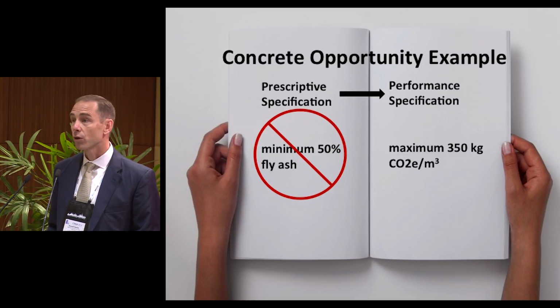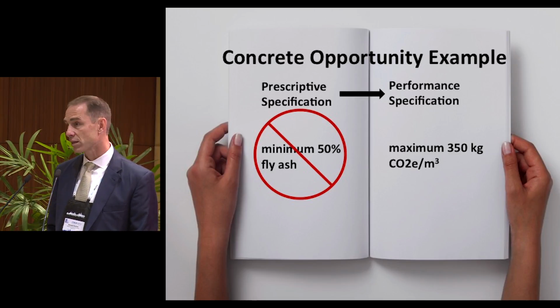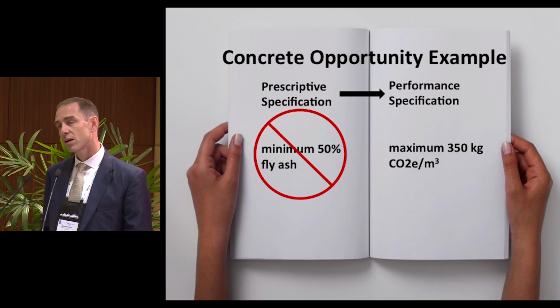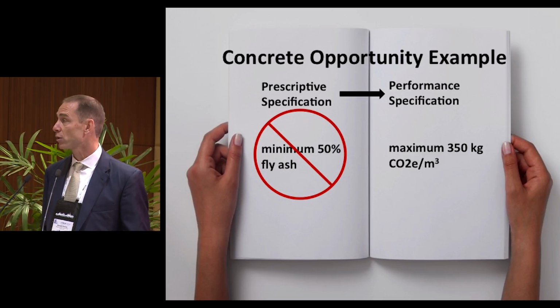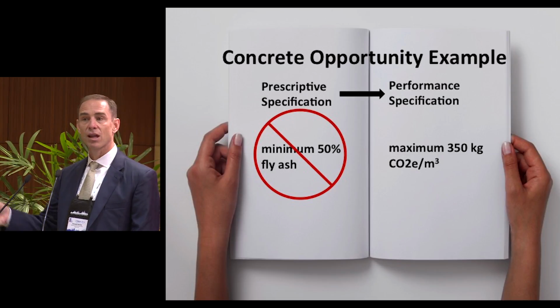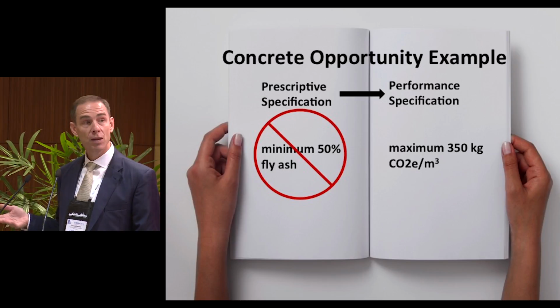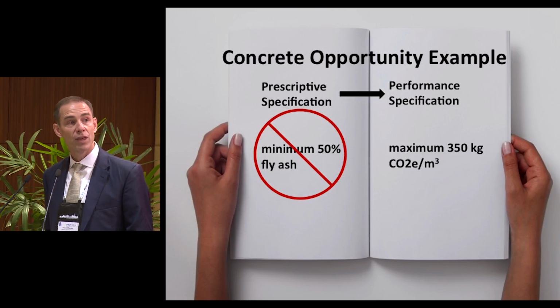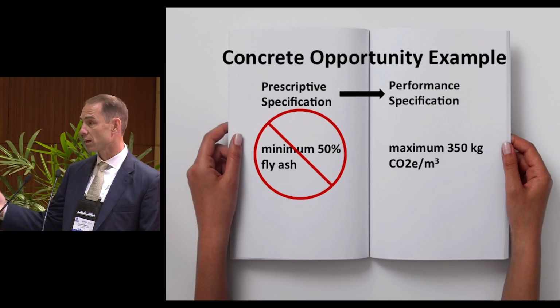In the ideal concrete world, as an outcome of LCAs, instead of us in our specifications telling the contractor how to make their mix, thou shalt use a minimum of 50% fly ash or certain cement replacements, let's go to performance specification. Maybe it's something like thou shalt have a maximum of 350 kg of CO2 in the mix design.